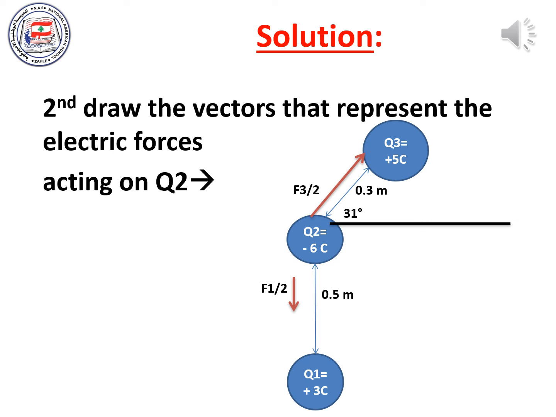In addition, the force of charge 3 on charge 2 is greater in magnitude than that of charge 1 on charge 2, as we already saw in the answers we calculated in the first step, because the distance between charge 3 and charge 2 is smaller, and the magnitude of charge 3 is bigger than charge 1. So the electric force exerted by charge 3 on charge 2 is bigger in magnitude than the force exerted by charge 1 on charge 2.